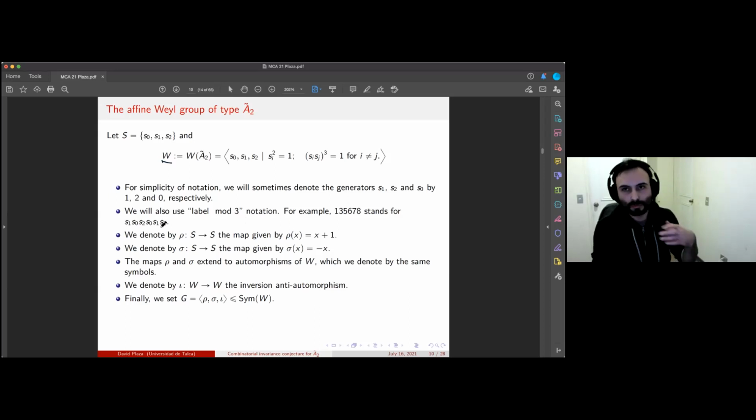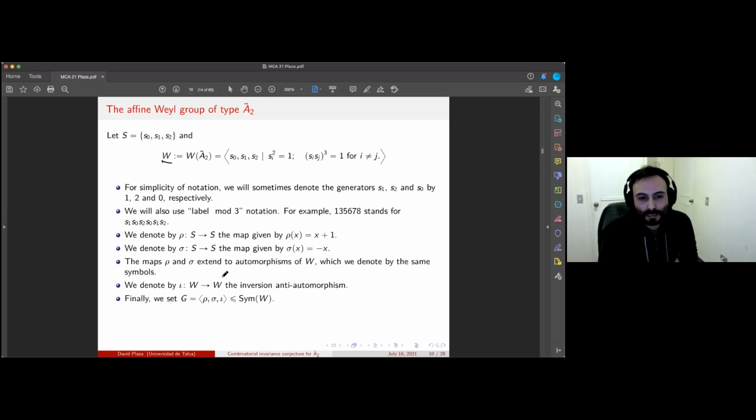And to define this partition, we need to consider certain bijections on W. The first one is the map rho, which can be defined on the generators of the group, and it's just a rotation. Rho sends S0 to S1, S1 to S2, and S2 to S0. And sigma is the map that fixes S0 and permutes S1 with S2.